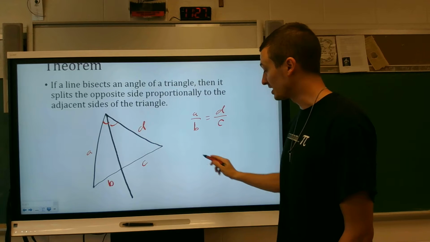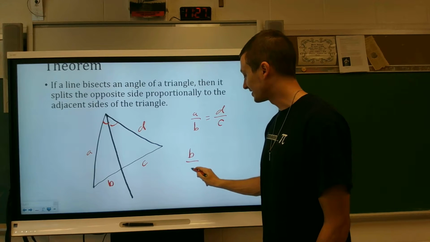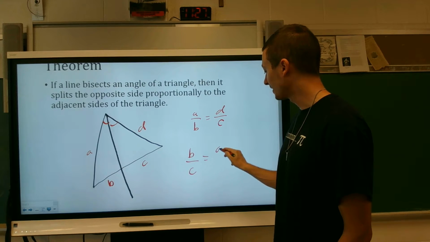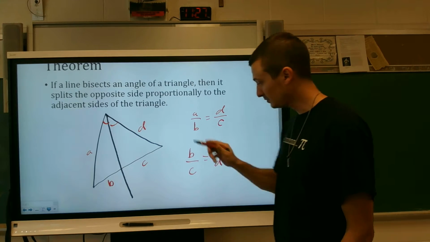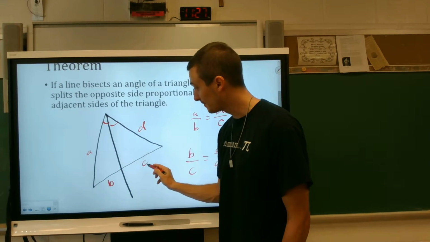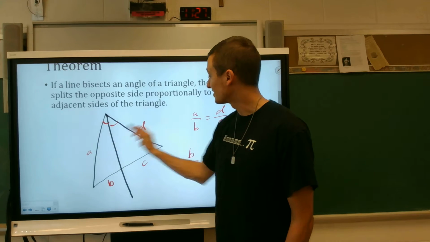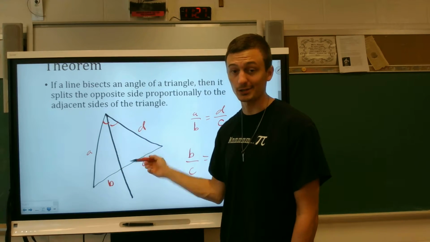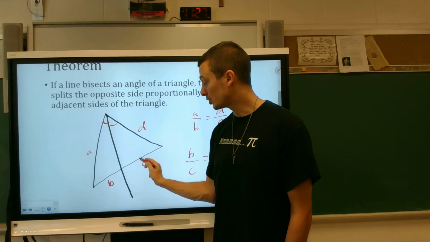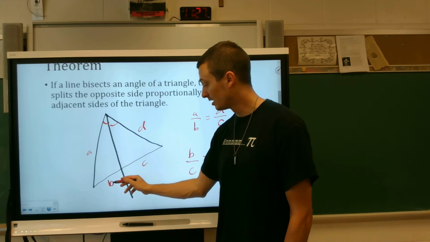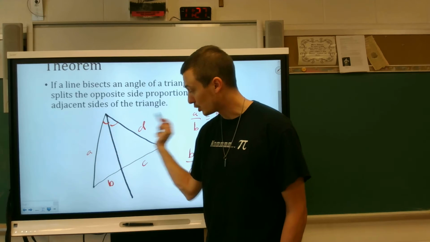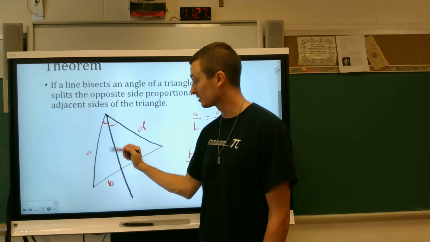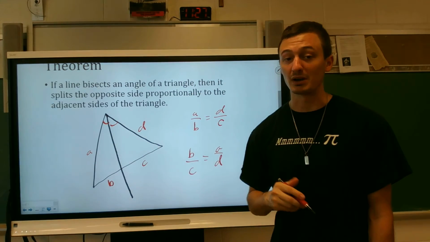So another way I could do this is maybe B is to C as A is to D. So this side is split proportionally as to these sides. These two pieces of the opposite side are the same proportion as the two adjacent sides to the angle that you bisected.